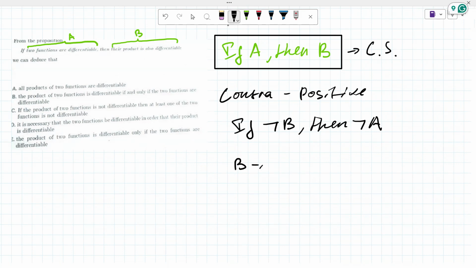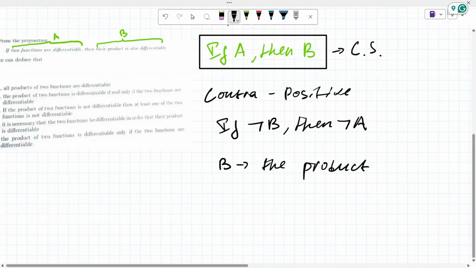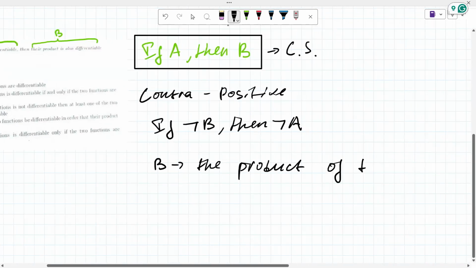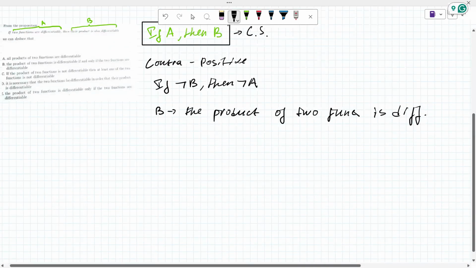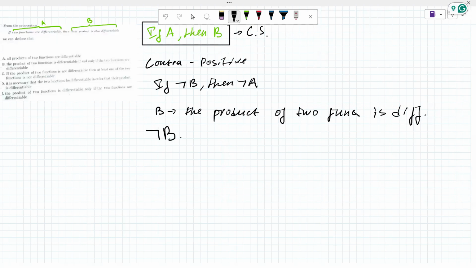If B was their product is also differentiable, we can rewrite it as the product of two functions is differentiable. I'll write this as differentiable just to shorten the sentence a little bit. Then not B is the product of two functions is not differentiable. Not B is just the negation of this. What you can do here is just copy this.